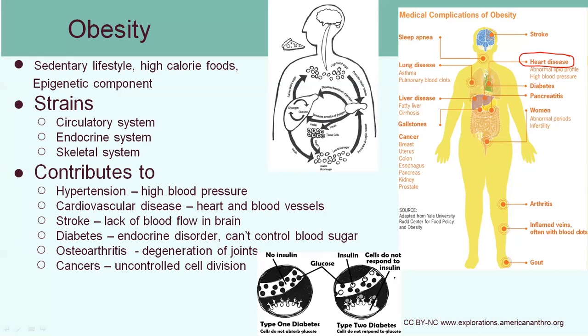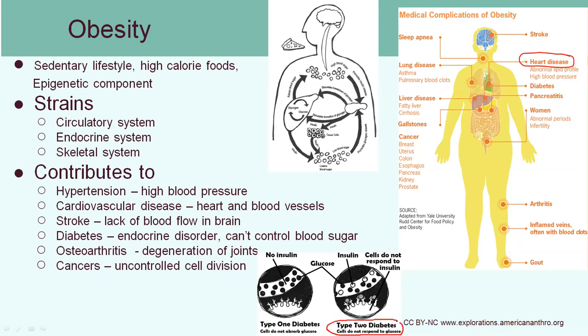So some different specific illnesses that obesity contributes to include hypertension, which is high blood pressure, cardiovascular disease, as I mentioned, including the risk for heart attacks, stroke, that's due to lack of blood flow in the brain, diabetes, which I mentioned, where you cannot control your blood sugar. Specifically, the kind of diabetes we're looking at is type 2 diabetes.